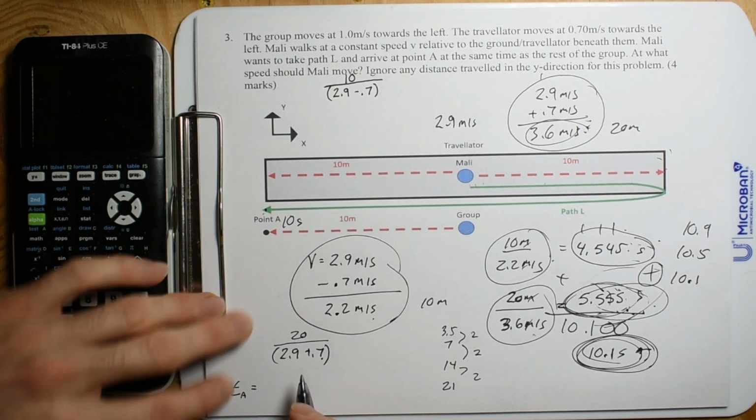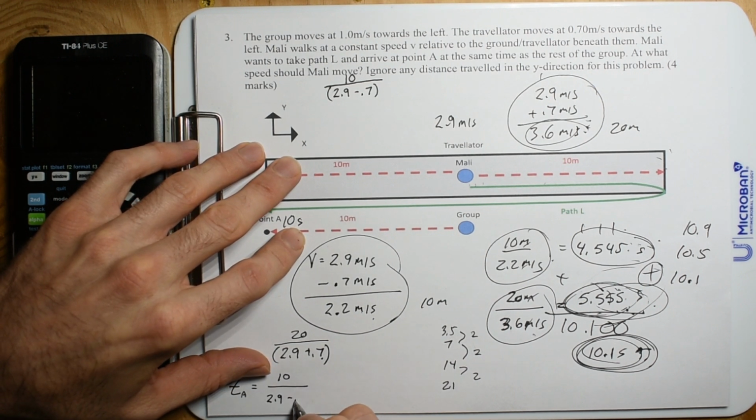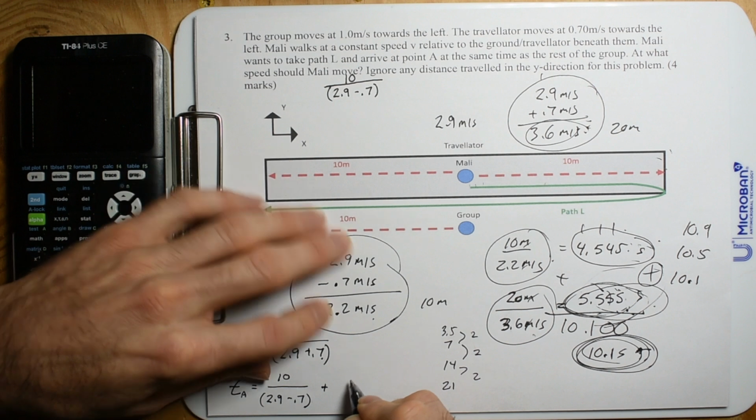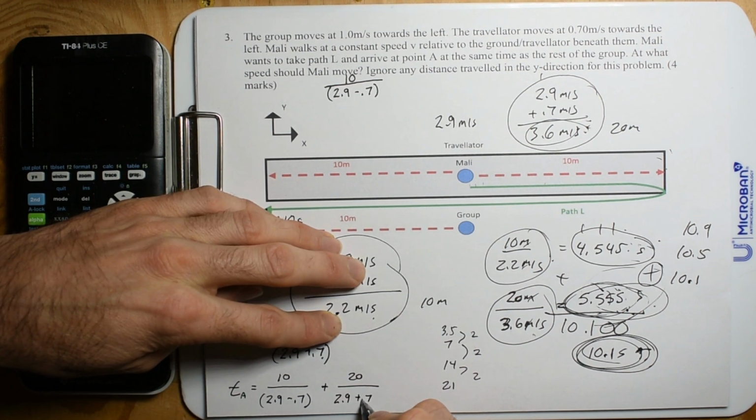T of A is going to be 10 over 2.9 minus 0.7, plus 20 over 2.9 plus 0.7.